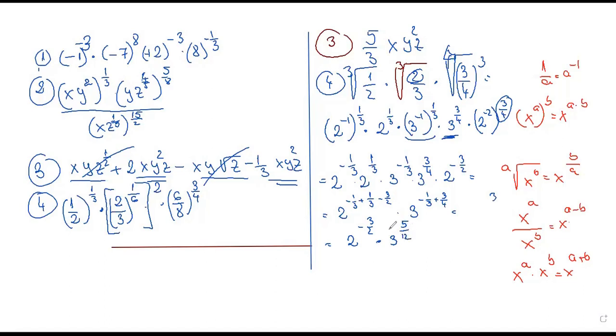If the power is negative, we are going to move it to the denominator. So finally it becomes 3 to the 5 over 12 over 2 to the 3 over 2. And that's a radical?